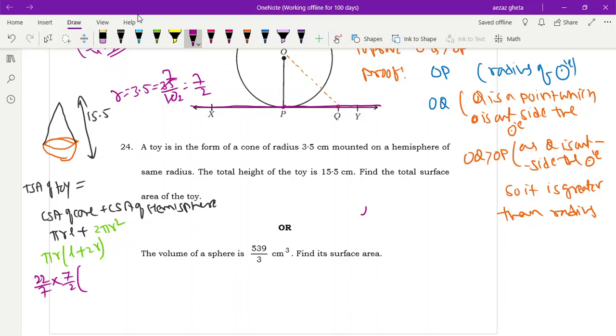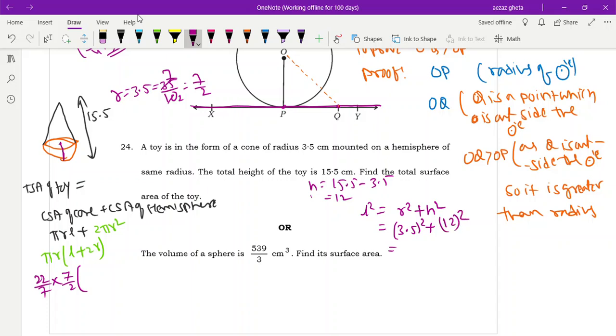We have l square is equal to r square plus h square. r we got is 3.5, whole square. h: the total height is 15.5, and the height of the hemisphere is the radius 3.5, so height will be 15.5 minus 3.5, which is 12.